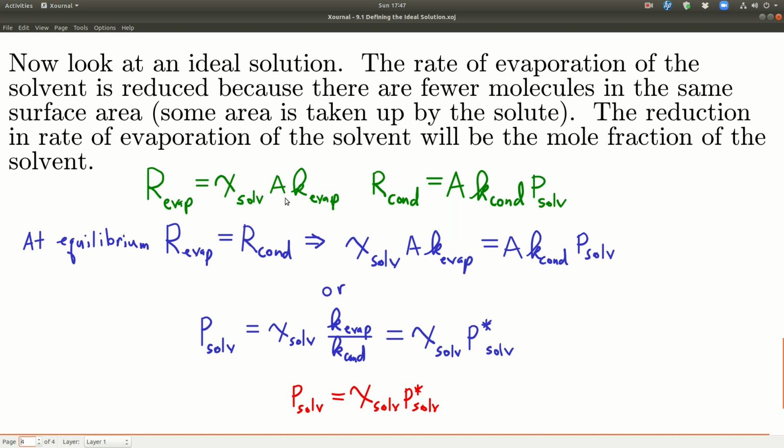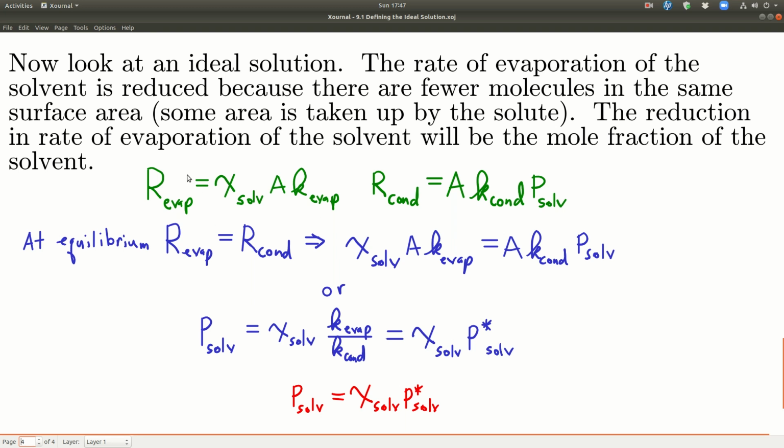At this point, we're going to assume that the solute is non-volatile. So there are fewer molecules of the solvent at the surface, so its rate of evaporation is going to be decreased, and that's going to be proportional to the mole fraction of the solvent. The greater the mole fraction of the solvent, the greater the rate of evaporation, right? And vice versa.